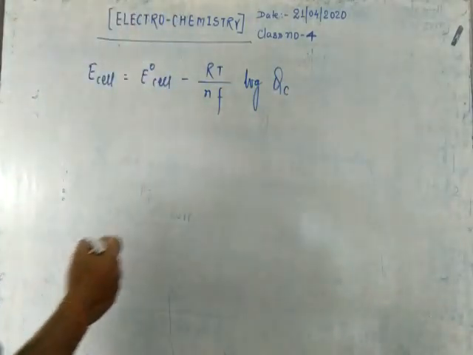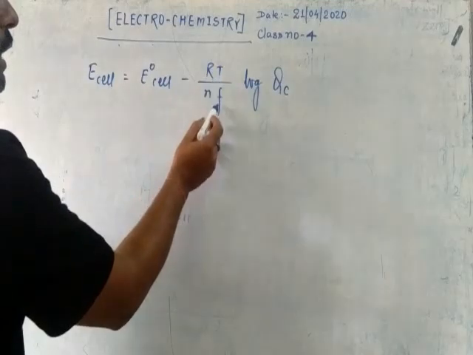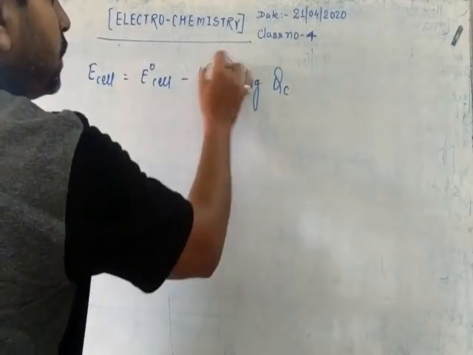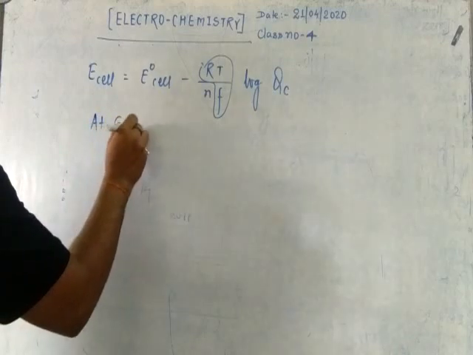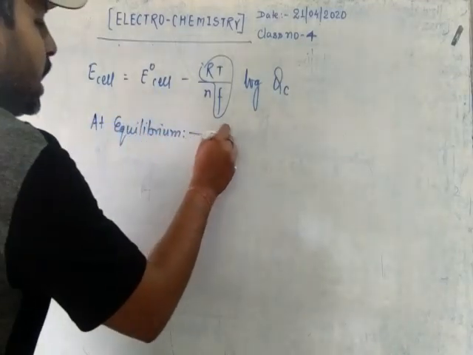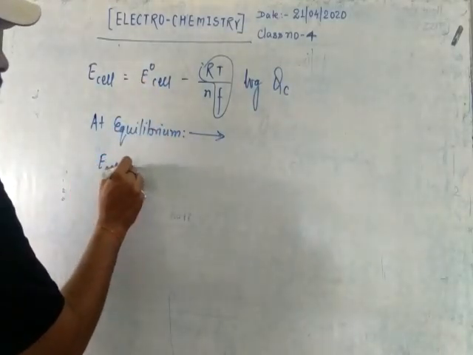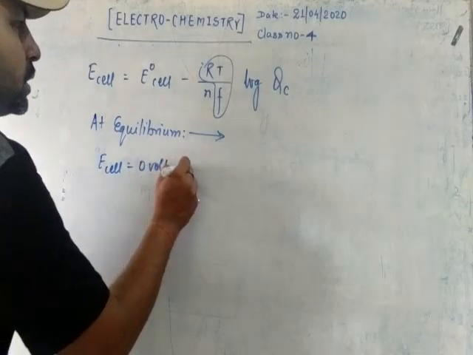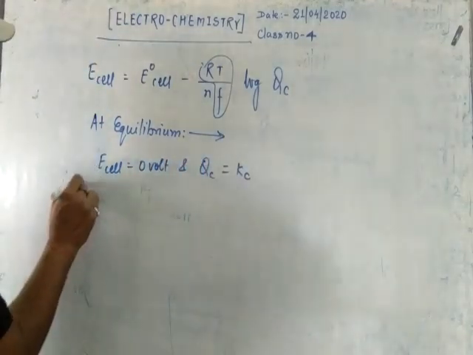In this condition, students, we know the values of R, T and F, which were given earlier. At equilibrium E cell is 0 volt and Qc is Kc.